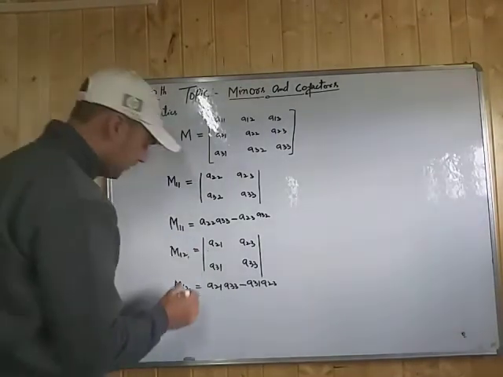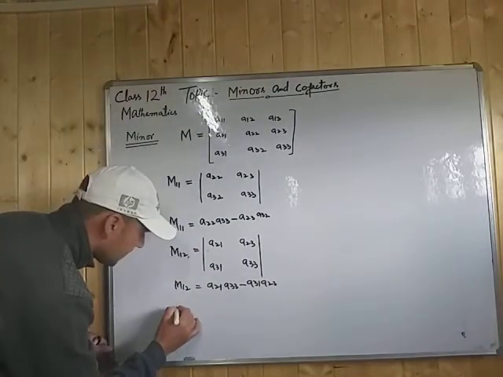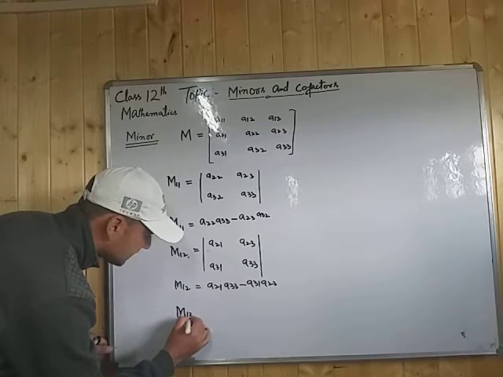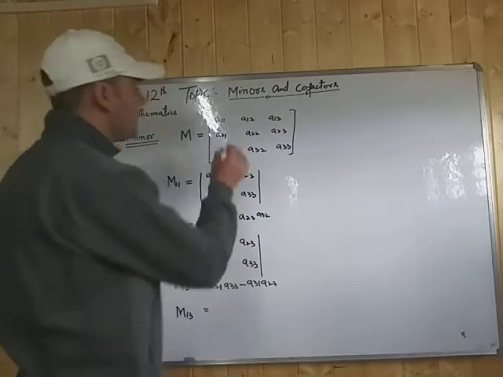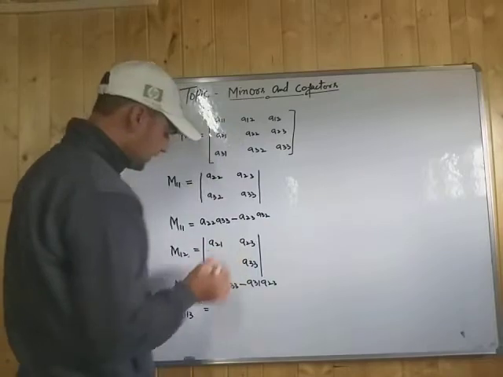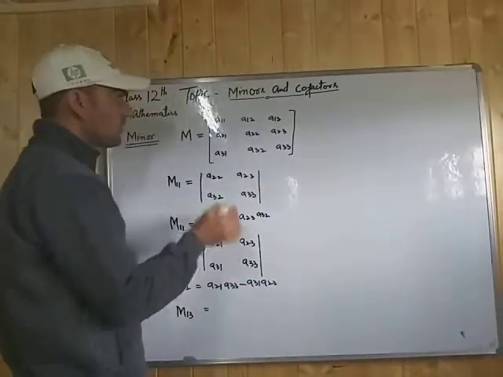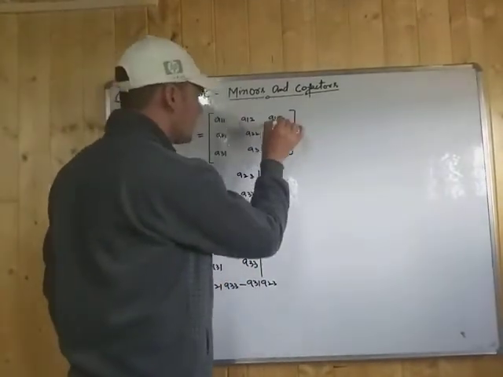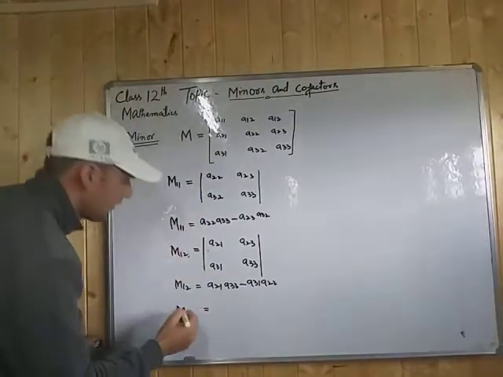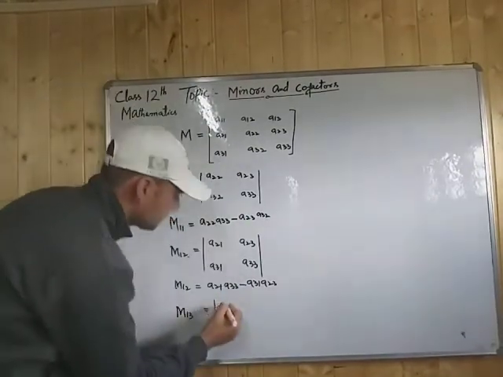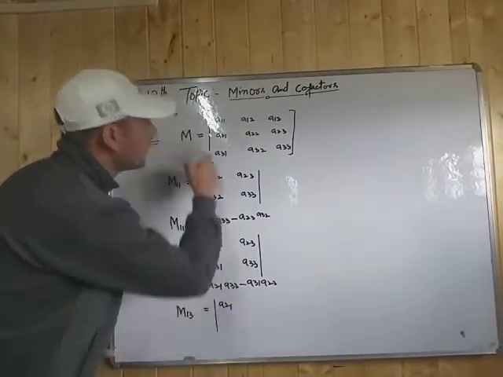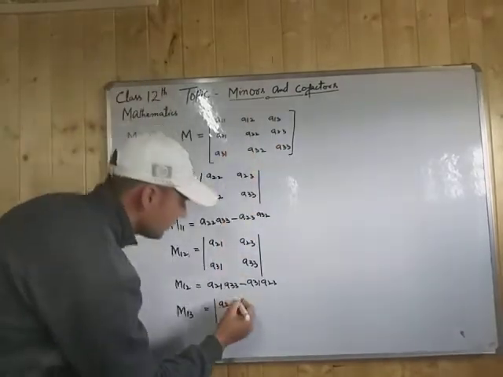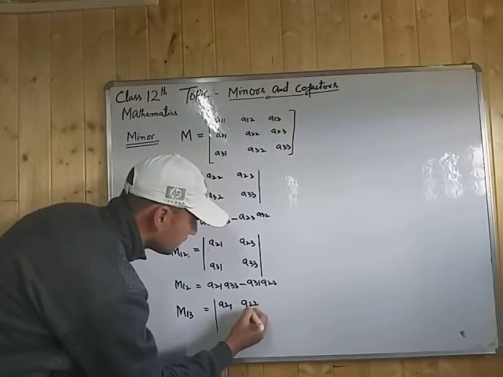Third is M13. It's the element of the first row and third column, so we delete the first row and third column.